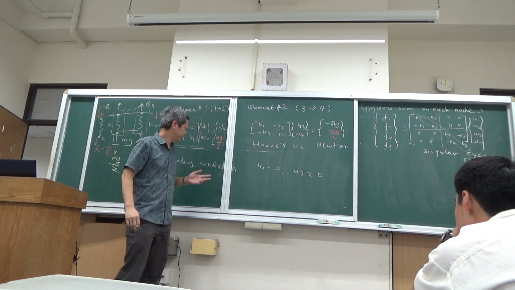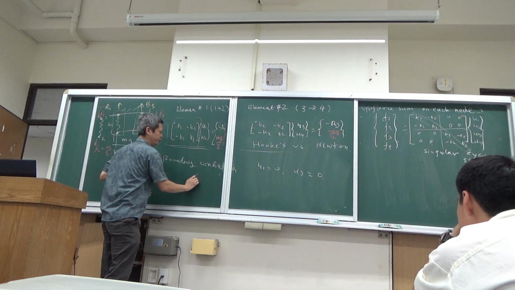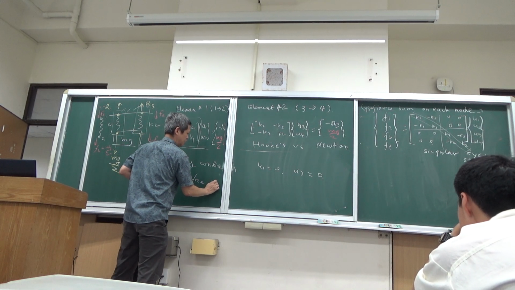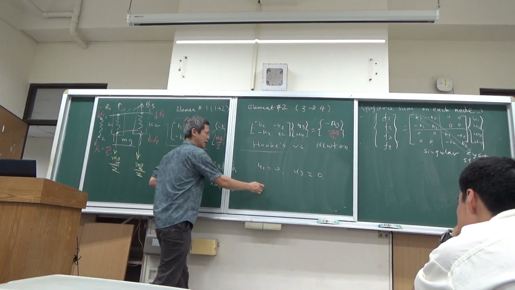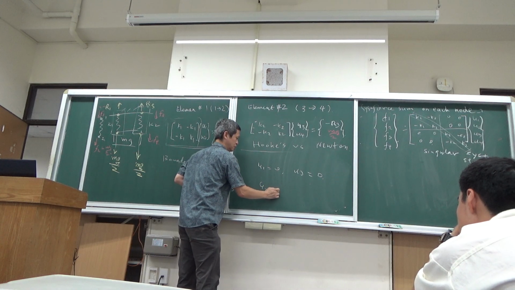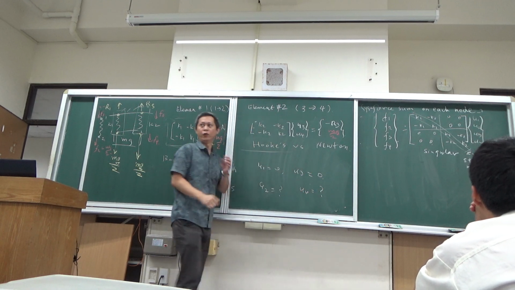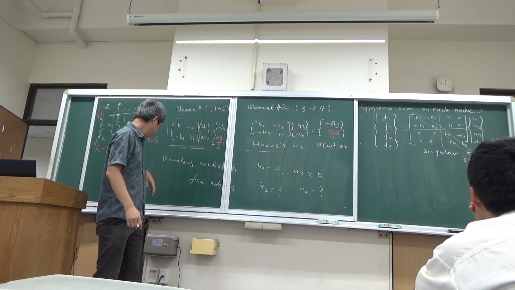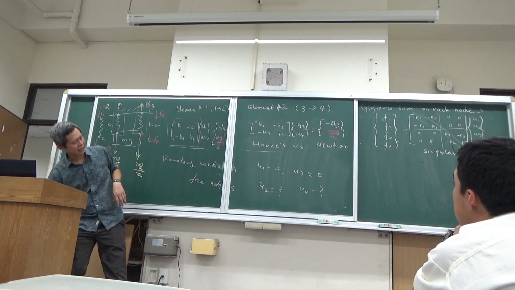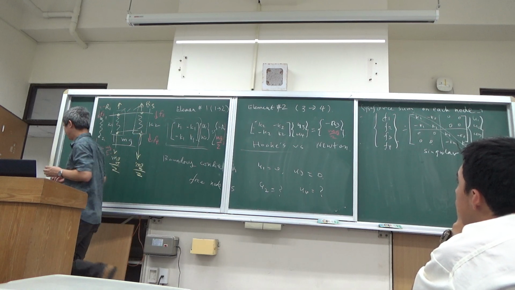So what are the free nodes? Your free nodes are U2 and U4. Okay? But now, if you say, why don't I simplify my question?